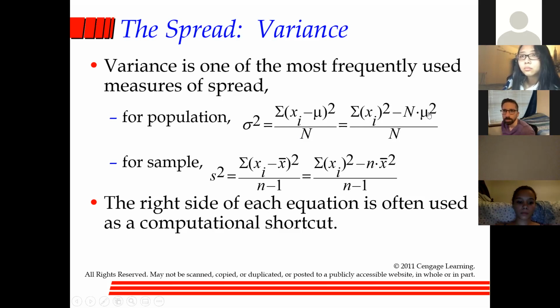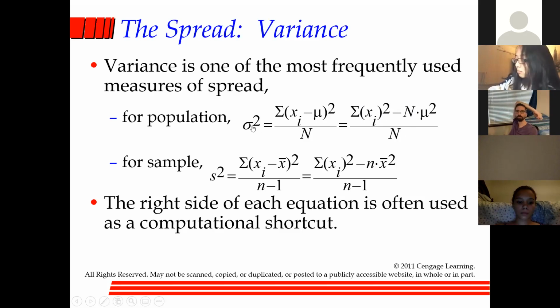And it used to be, when we didn't have calculators or laptop computers, that this was easier to calculate than adding up all the absolute values. So that's probably the reason, computationally, and also when we did get computers, this was probably easier to program.